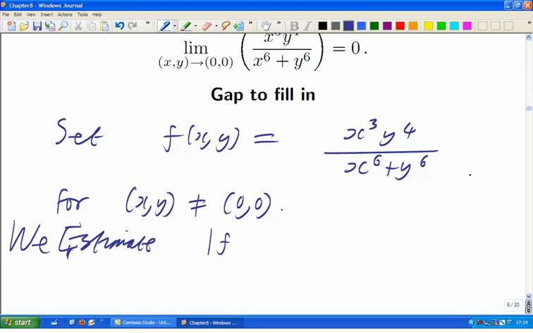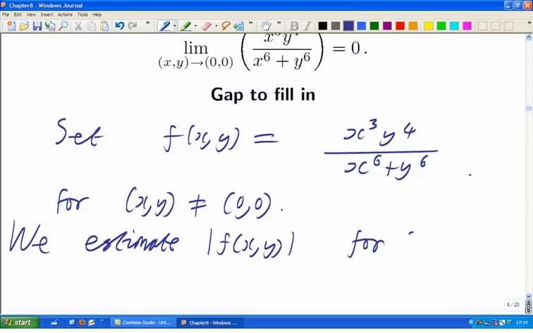So we estimate the modulus of f of (x,y) for (x,y) not at the origin using case-by-case analysis.